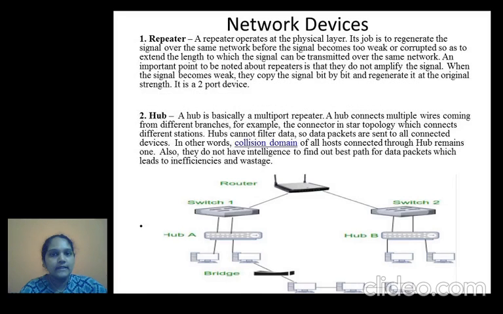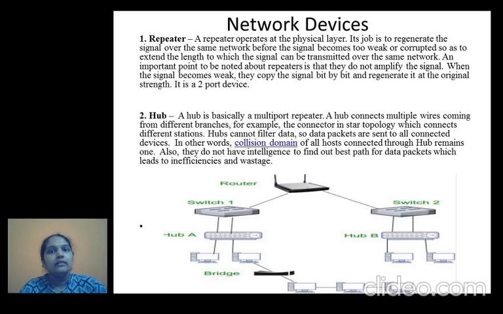A repeater is a physical layer device. It helps us regenerate a signal over the network. The signal is copied bit by bit, and a weakened signal is regenerated with the original strength with the help of the repeater. A repeater is a 2-port device.